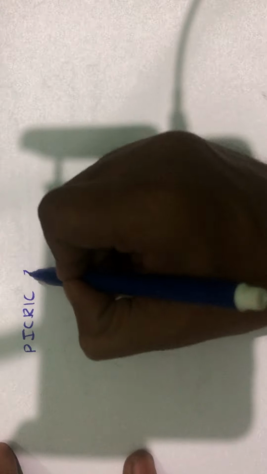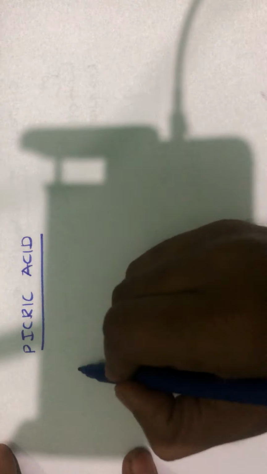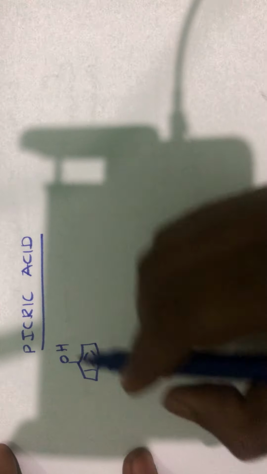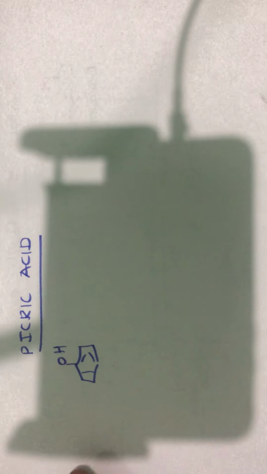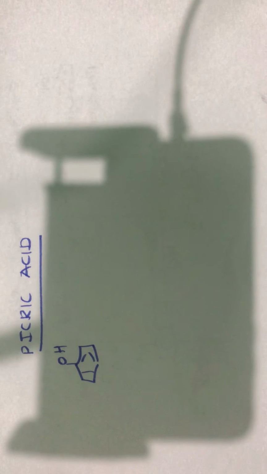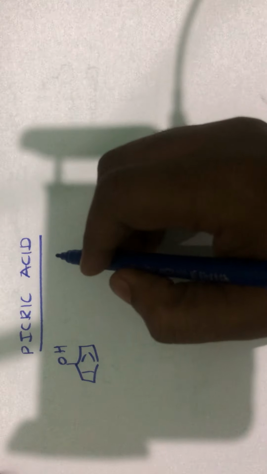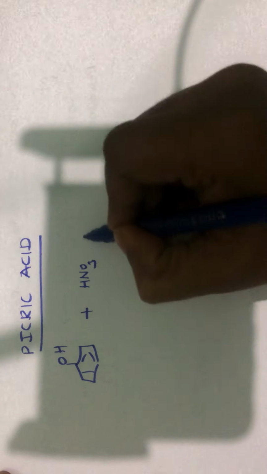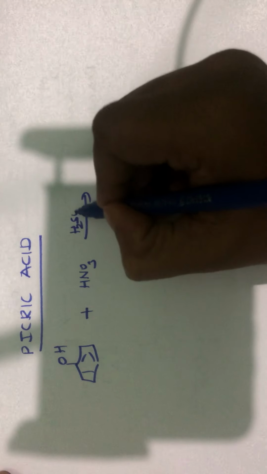So we do come across another important synthesis that is there in the syllabus. That is synthesis of picric acid. Picric acid can generally be prepared by using phenol. Picric acid, that is 2,4,6-trinitrophenol. It can be prepared by treating phenol with fuming nitric acid, that is HNO3, H2SO4.